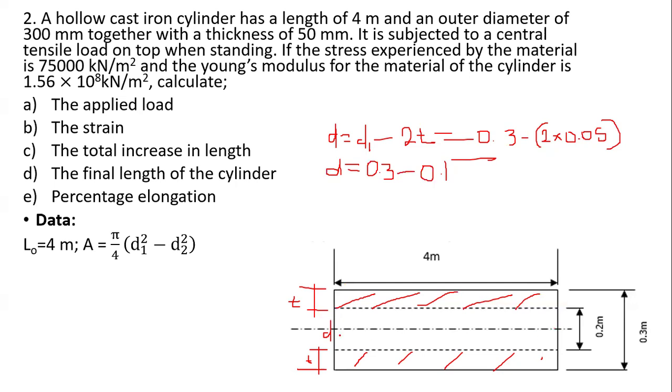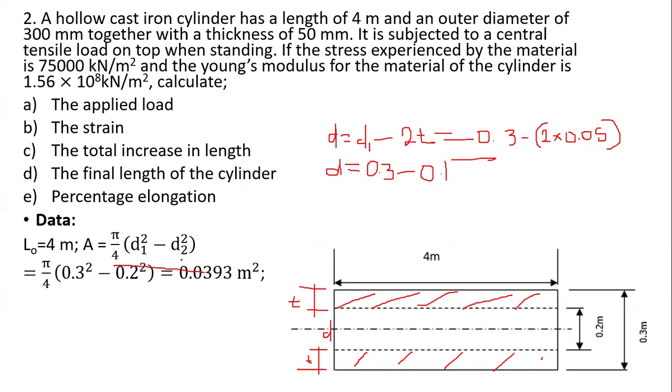Material has been removed from here. So we say pi d1 squared minus pi d2 squared. Factorizing such an expression, pi d1 squared over 4 minus pi d2 squared over 4 is the same as pi over 4 times d1 squared minus d2 squared.